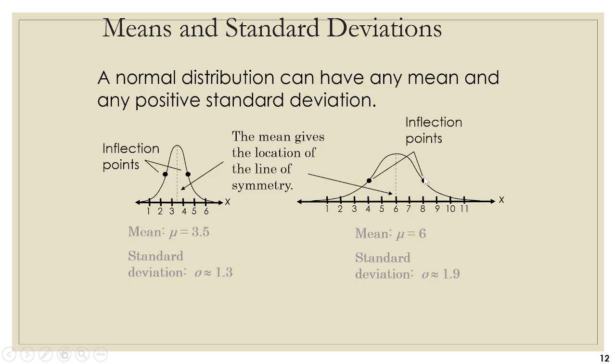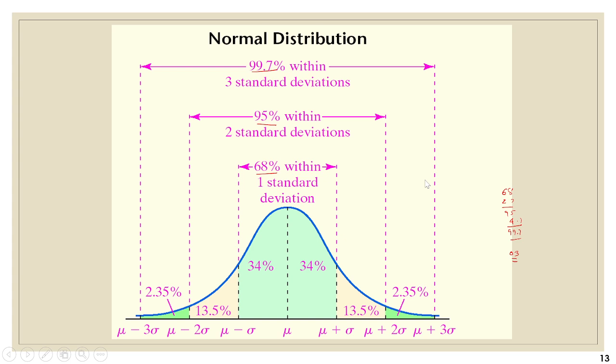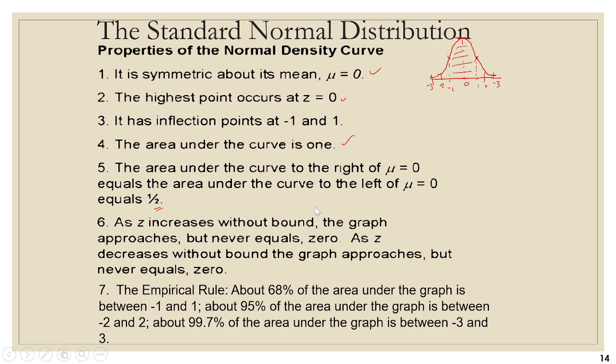These are the inflection points. Normal distribution, the area of the curve: 99.7% lies within three standard deviations, 95% within two standard deviations, and 68% within one standard deviation.